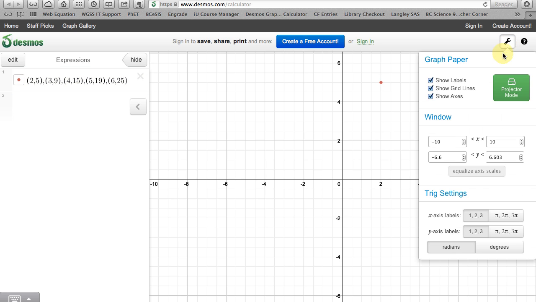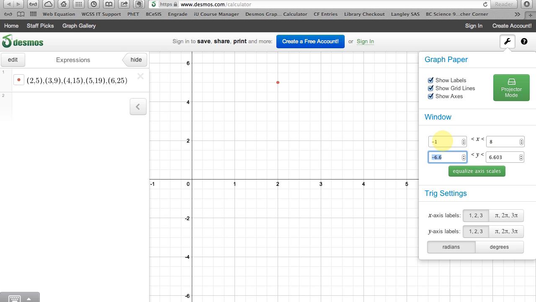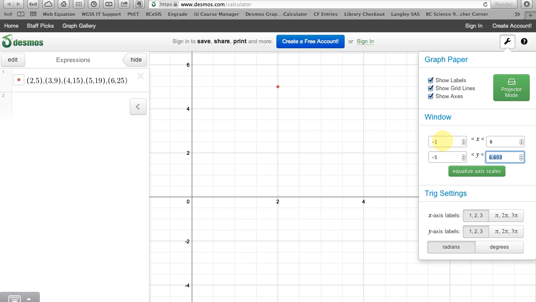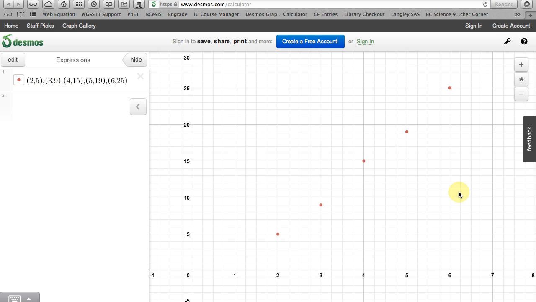Now I'm just going to change this up a little bit, have x just go from -1 up to, we don't need to go any higher than, let's say, 8, and vertically the y-axis can go from, let's say, -5 up to 30, and that should be plenty enough for us to see everything that we need to for this.